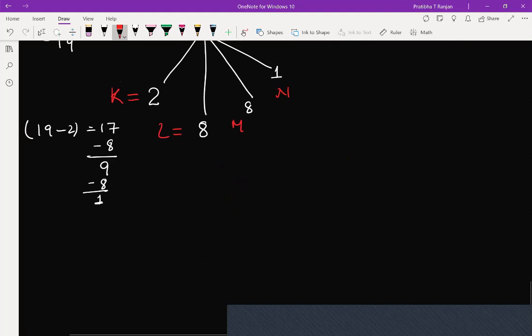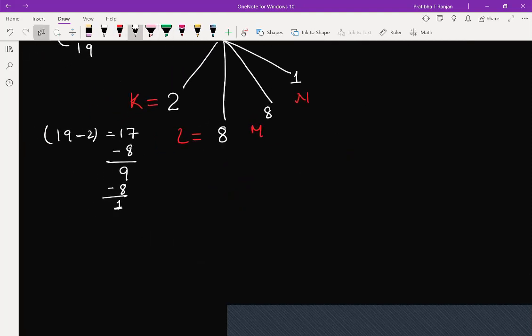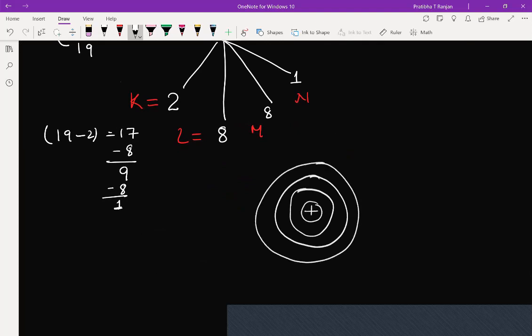Now, if I have to draw the structure, how am I going to draw it? I'll make a nucleus here, right? K, L, as you can see, all four orbits are there, M, and N, right?